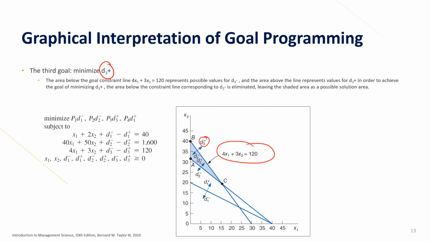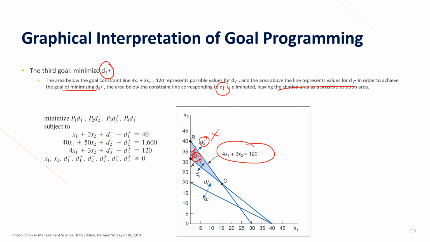The one that belongs to D3 minus is this one. We are not eliminating D3 minus because the goal is to minimize D3 plus. So we need to eliminate all the area that belongs to D3 plus here, leaving the shaded area as the possible solution area.